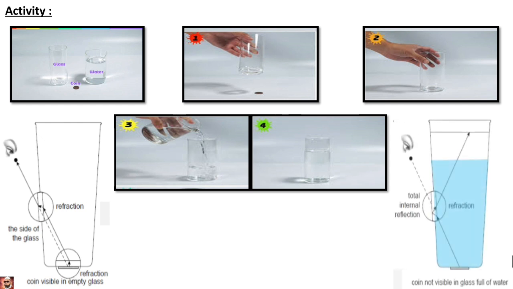But when you fill the glass with water, the refracted ray from the glass enters the water medium, and after reaching the side of the glass tumbler, it reflects back. It means total internal reflection is taking place. So the refracted ray is not reaching your eye, and that's why we cannot see the coin.